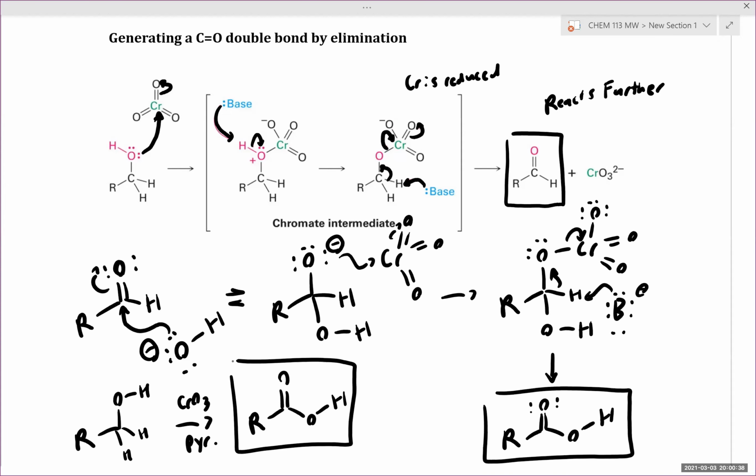Does everyone understand the mechanism for this kind of somewhat exhaustive oxidation? We generate an alcohol via attack of a nucleophile or an equivalent of water. And then from there, our alcohol is then oxidized an additional time to give us a carboxylic acid. Does this make sense to everyone?